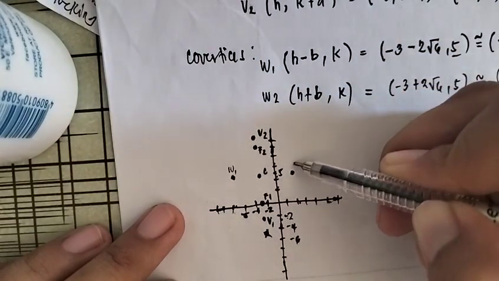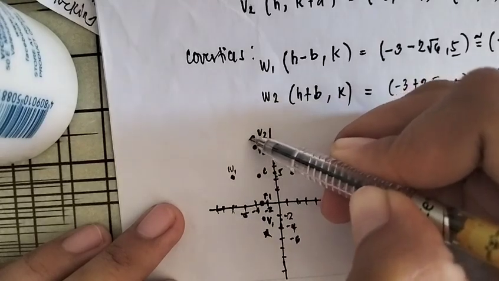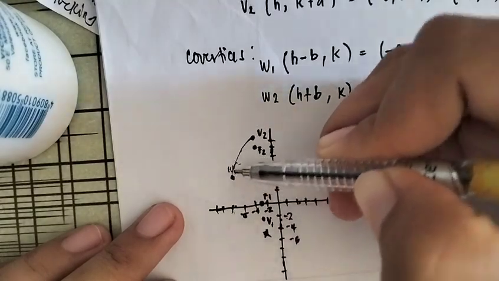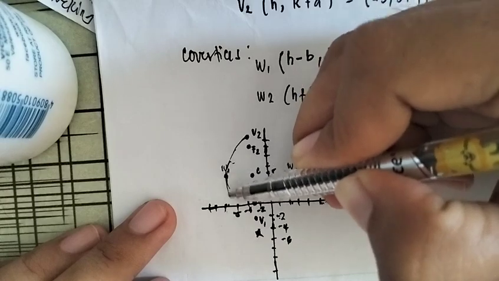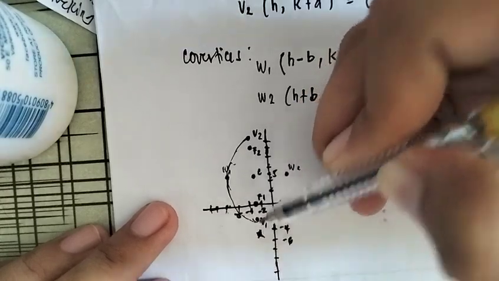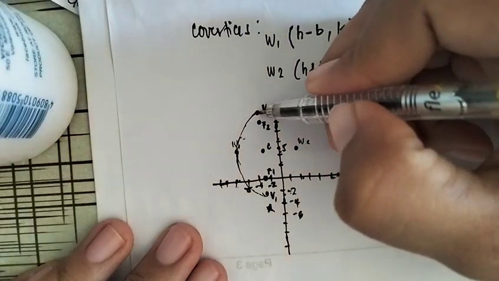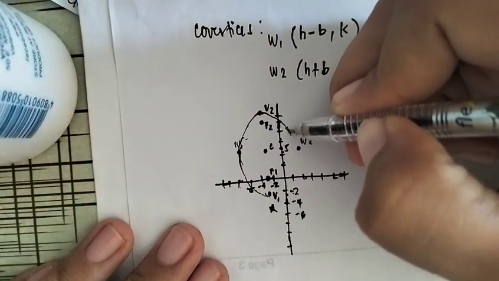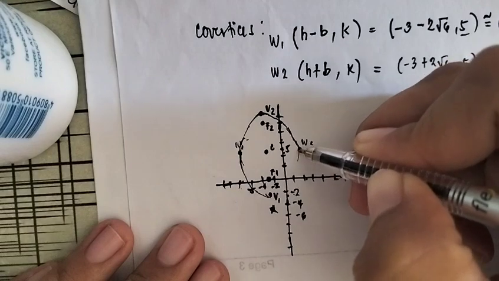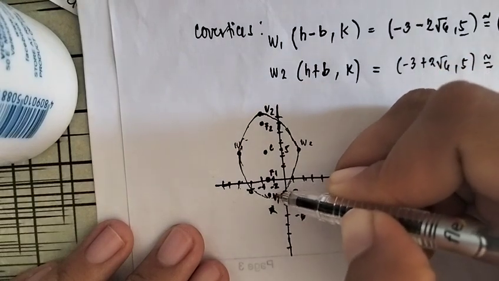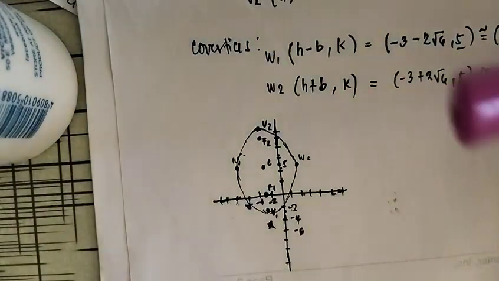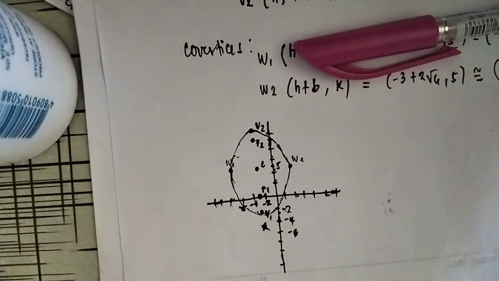This is W1 and W2. So, connect the dots. That is the form of the ellipse.